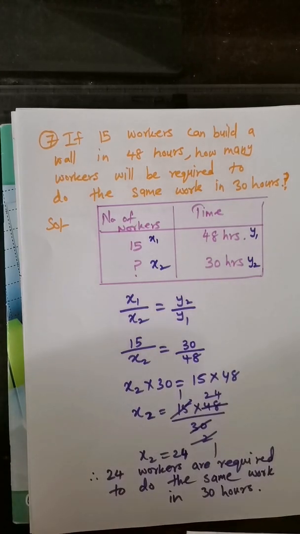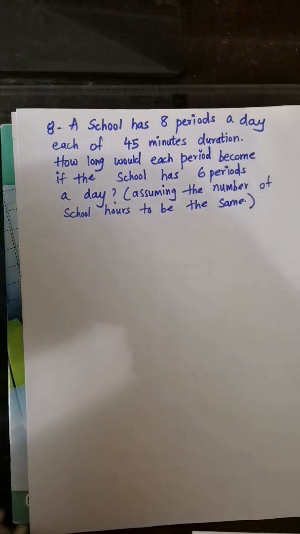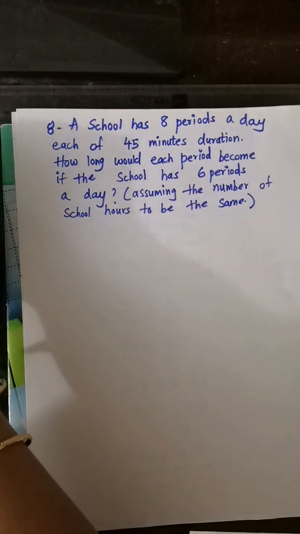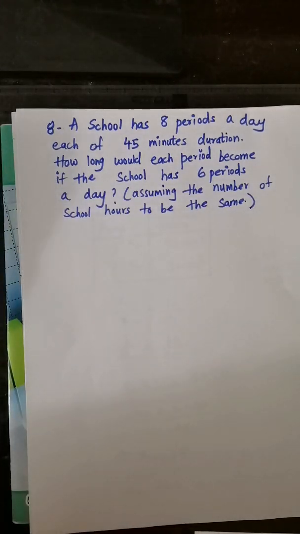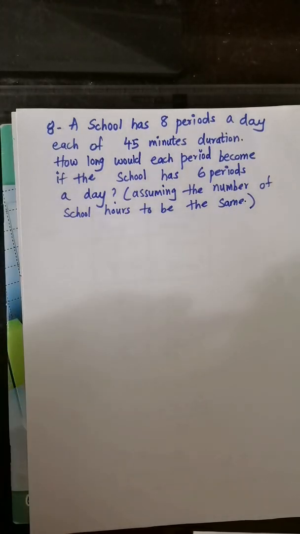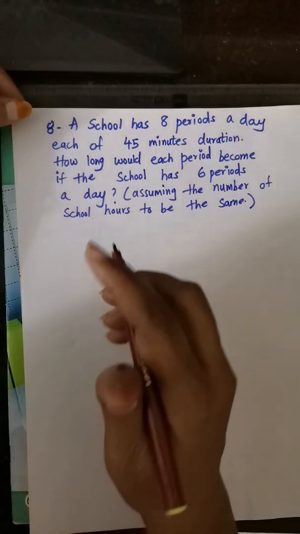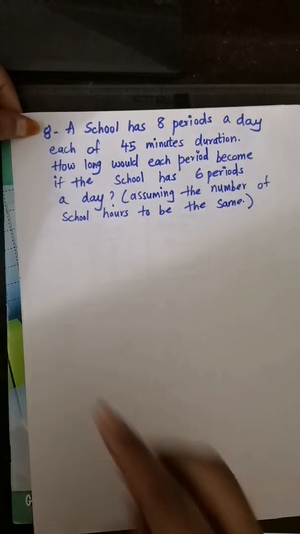Okay, children. Now the last one, the 8th one, is the last one. With this we will complete the chapter. Next one is, a school has 8 periods a day, each of 45 minutes.